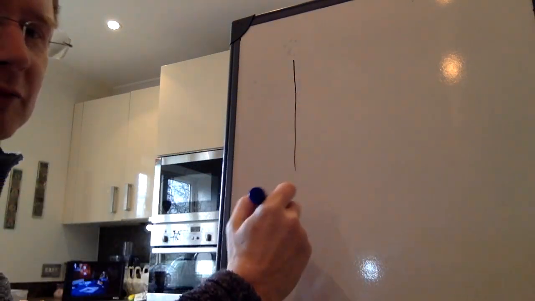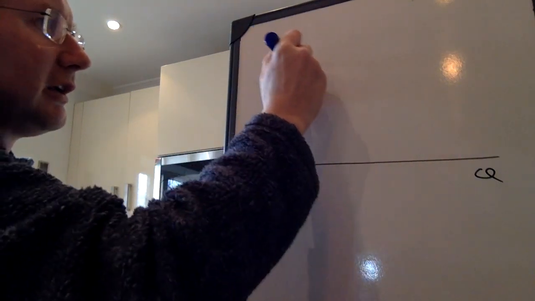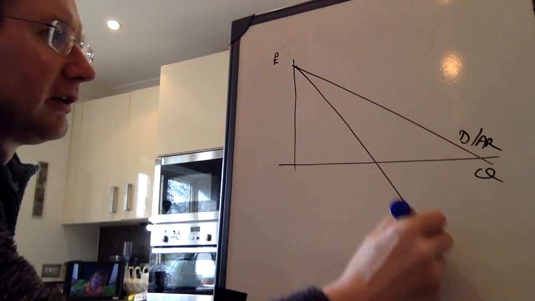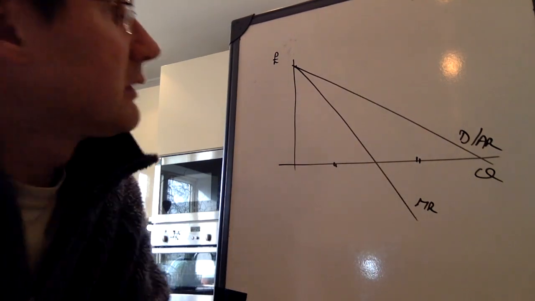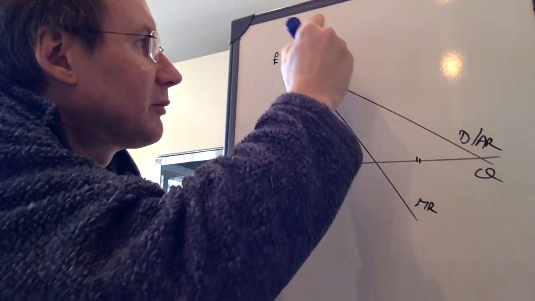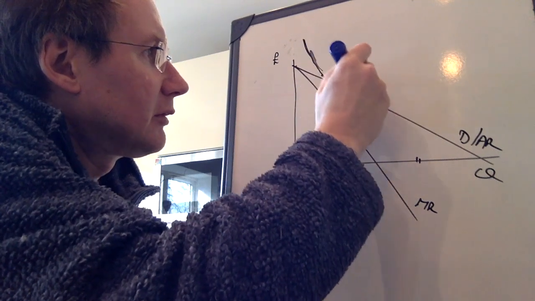On the other hand, let's suppose that there's an increase in variable costs. This one's quite a hard one to show. Again, if we start the firm in some form of long-run equilibrium, there's D equals AR, and there's MR, that's twice the distance. It cuts kind of slightly, so it hasn't started well.